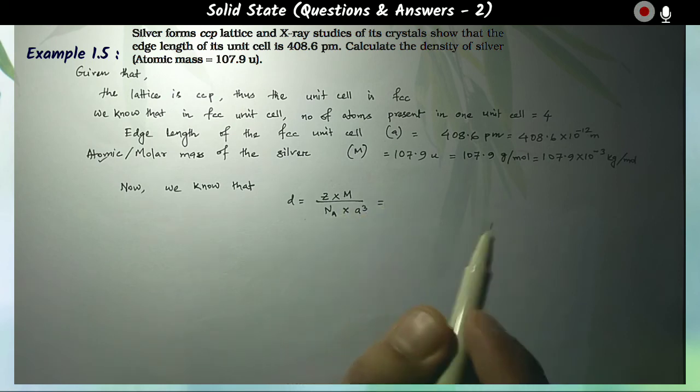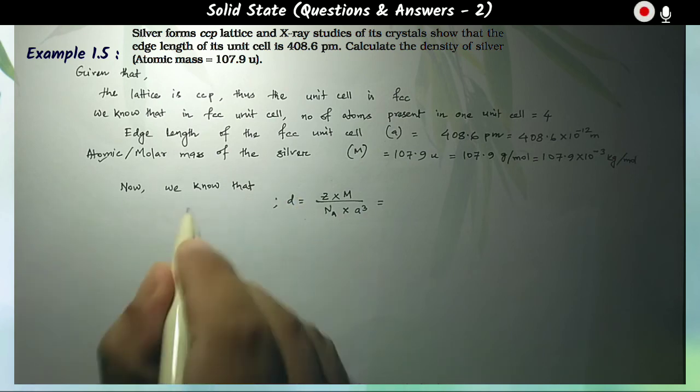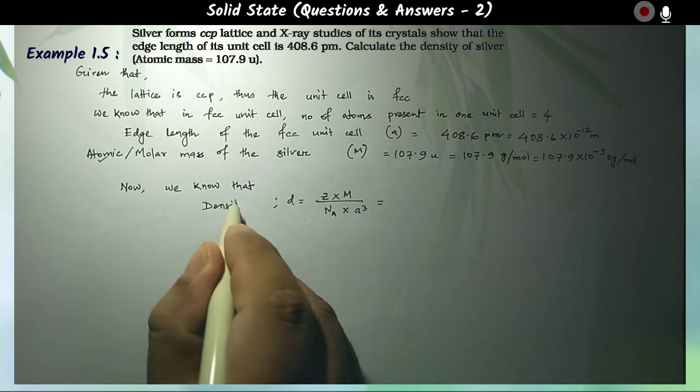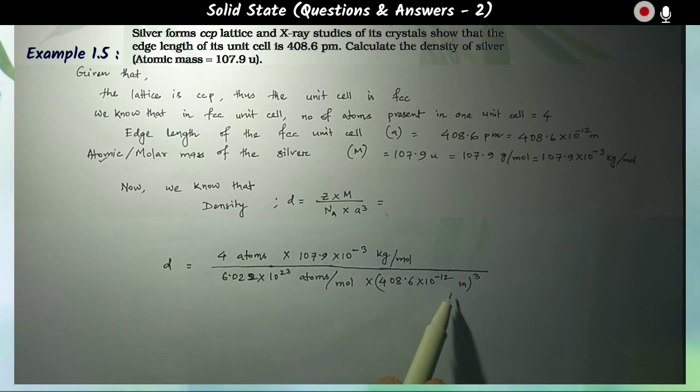So we have to find out the density, which is D. We just put the values here. In place of Z, we put the value 4 atoms, and in place of capital M, the atomic mass, we write 107.9 into 10 to the power minus 3 kg per mole. And here is the value of N A, the Avogadro number, and here the A cube.